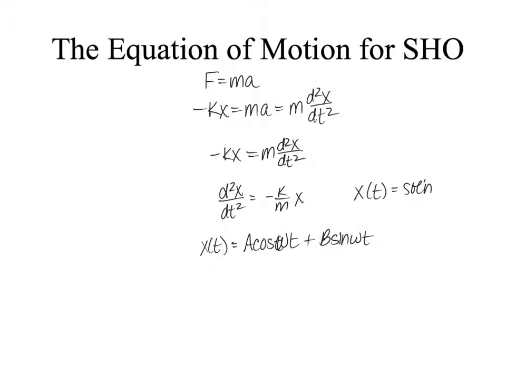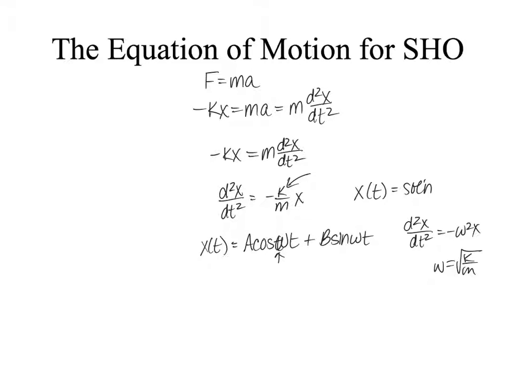And I forgot to mention that here, this k over m is often written as omega squared, where omega is the square root of k over m. And so it ends up coming into our answer. So we could write it like this.